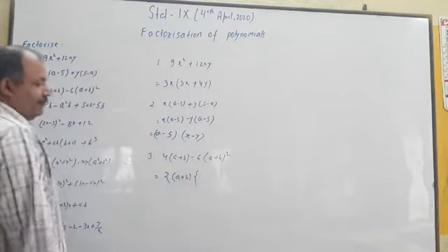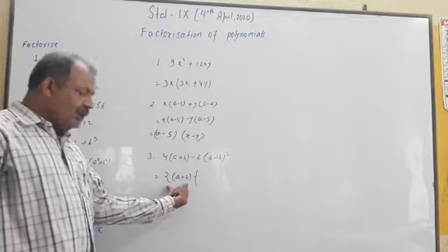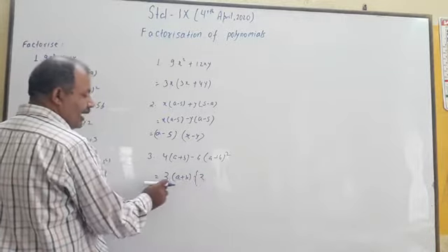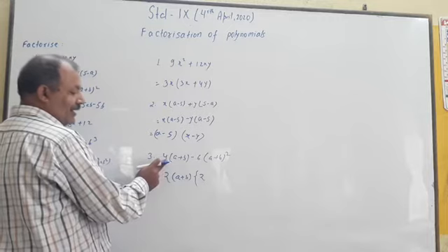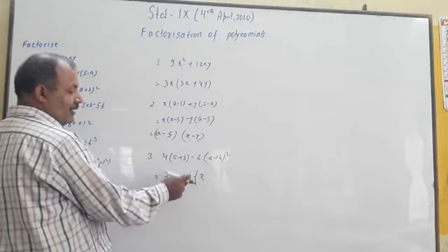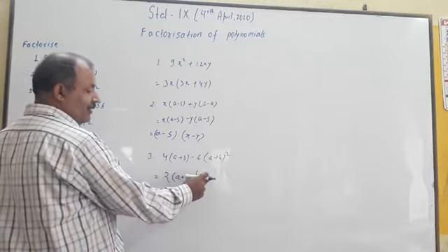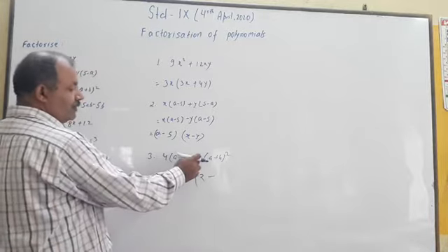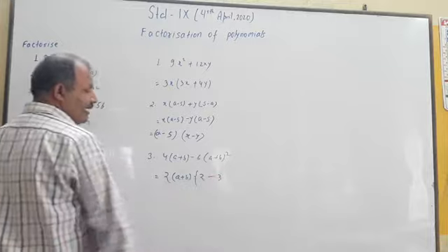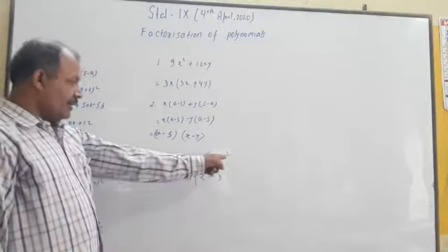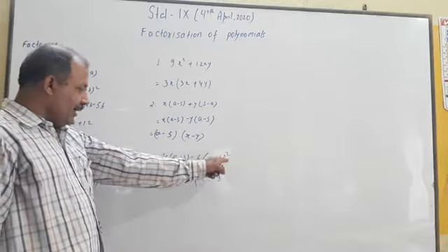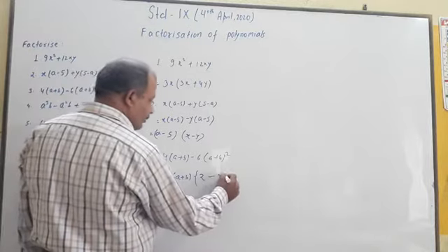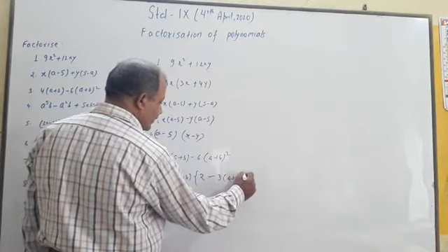Now we have to take common as 2 into a plus b. When we multiply 2 by 2, we get 4. We find 4 here, and a plus b is already taken here. Therefore, we will be left with 2. 2 threes are 6, here we will write 3. Here there is a square of a plus b, and a plus b is already taken, then we will be left with a plus b.